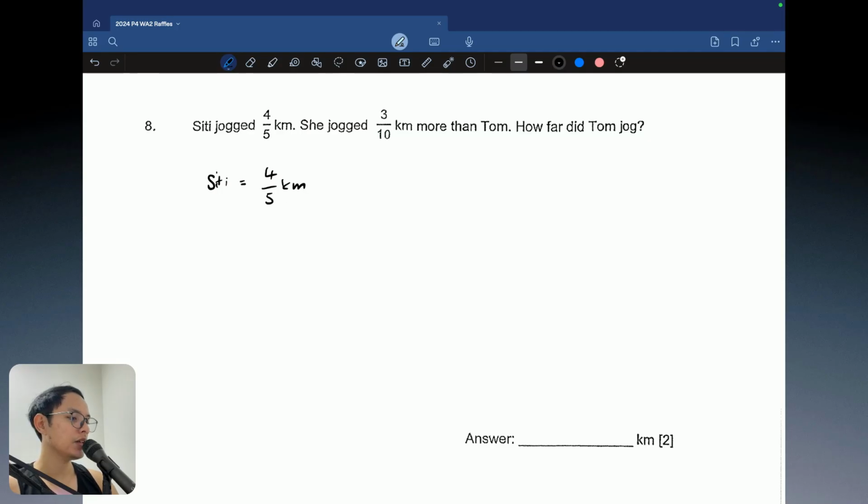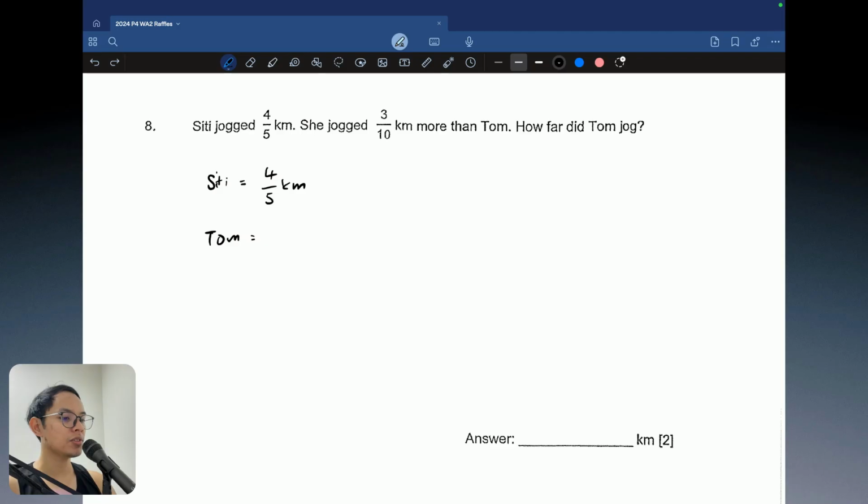Okay, then the thing is that she jogged 3 out of 10 more than Tom. So that means for Tom, when you see this, right? So that means she jogged more than Tom. So did Tom jog more or less than Siti?